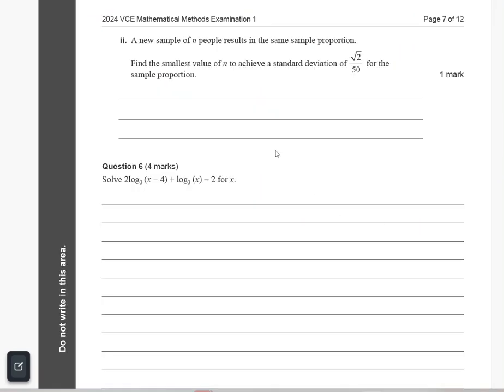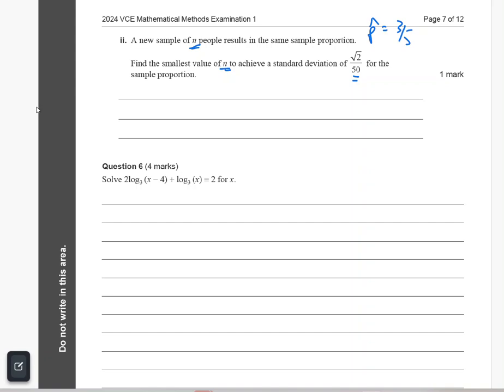And over the page, a new sample of n results in the same proportion, so p hat is still 3/5. Find the smallest value of n, so this is our standard deviation.